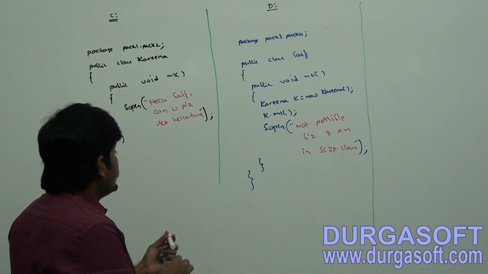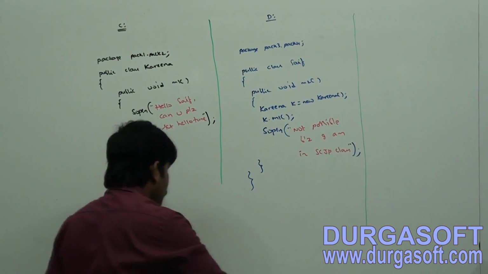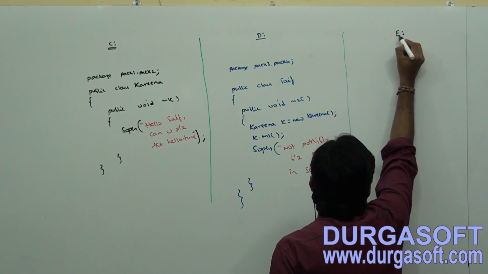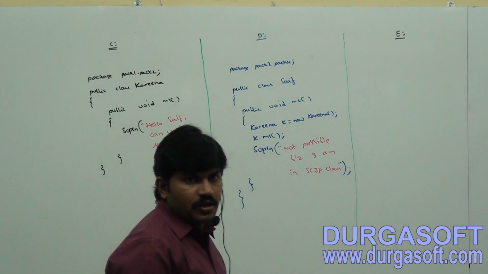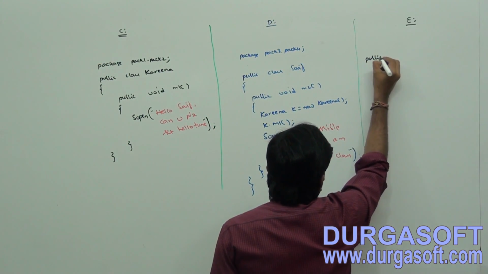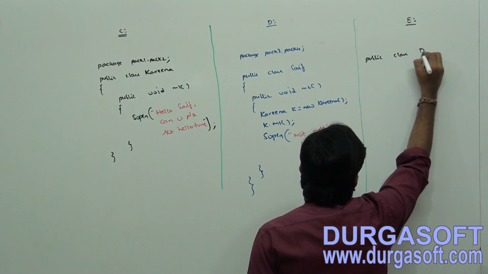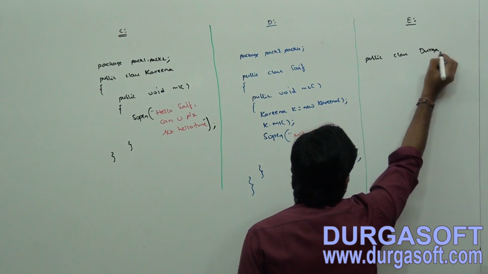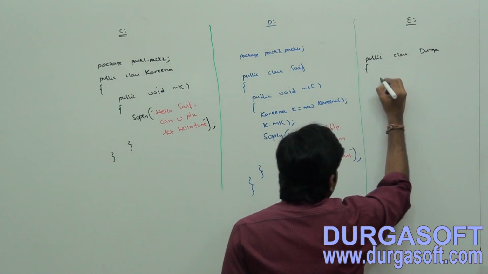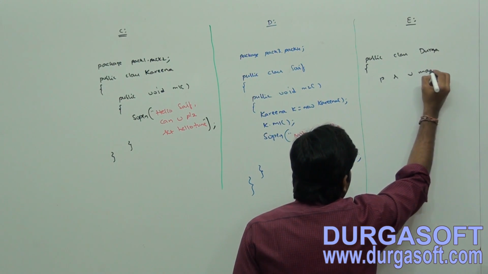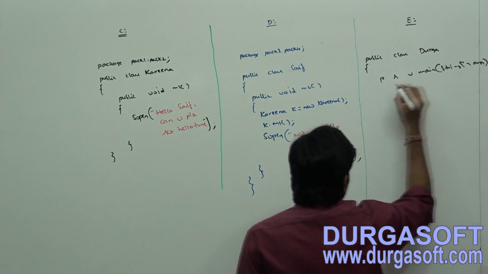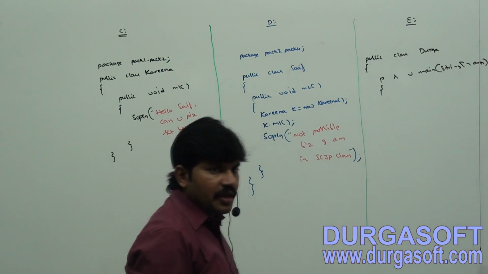C, D and then E colon. In the E location, there is no package statement. Directly public class Durga, and public static void main, String array args.